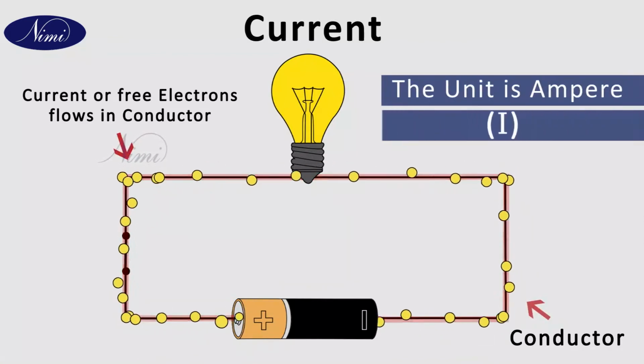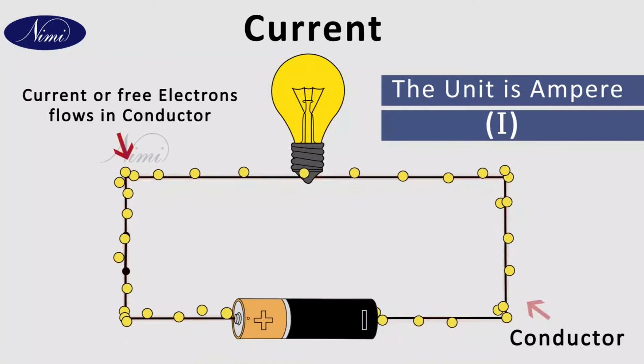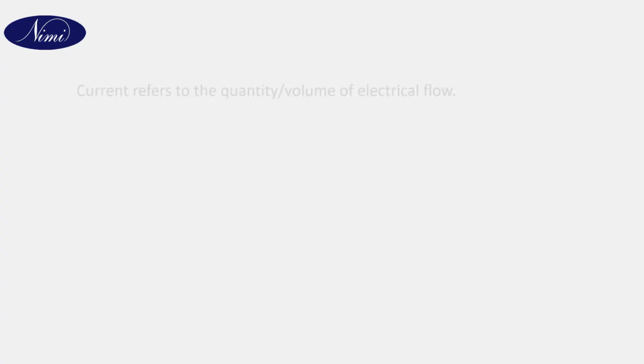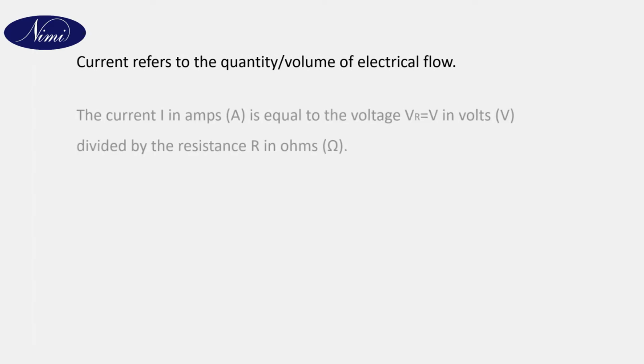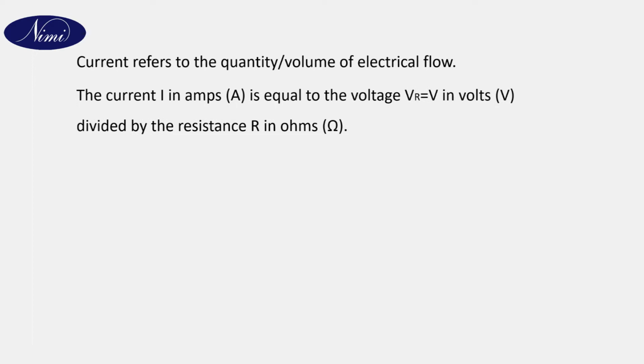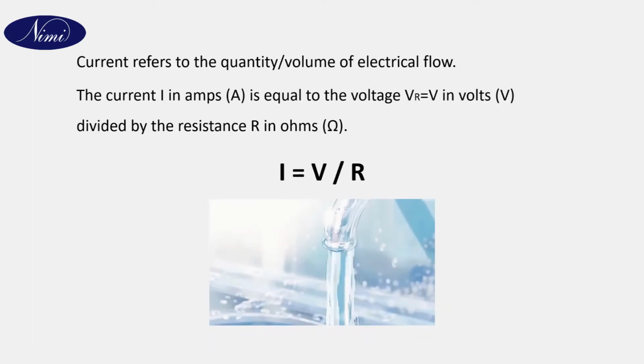It is denoted by letter I. Current refers to the quantity or volume of electrical flow. The current I in amperes is equal to voltage V in volts divided by the resistance R in ohms. I is equal to V by R.